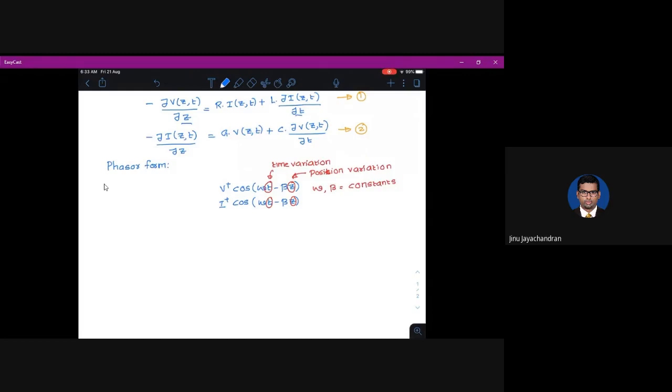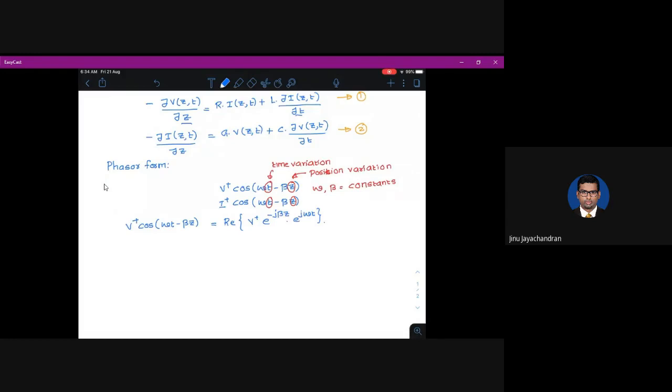I can write this v plus cos of omega t minus beta z as a real part of v plus e raised to minus j beta z into e raised to j omega t. Okay.